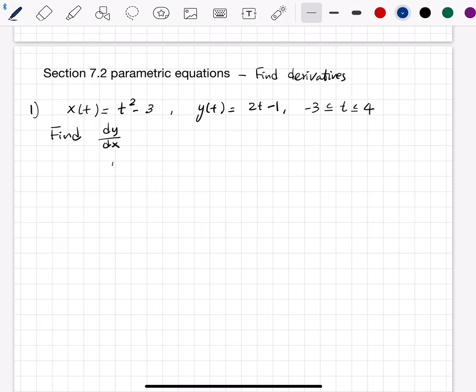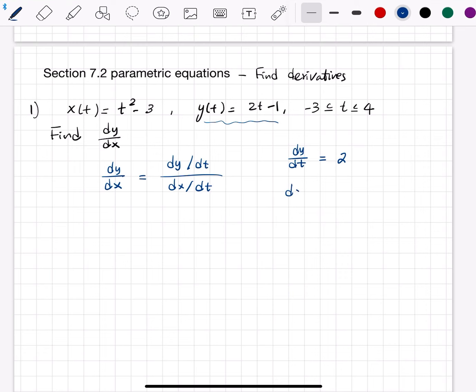So dy dx is actually dy dt over dx dt. We find dy dt from the y function, taking the derivative of y with respect to t, which is 2.